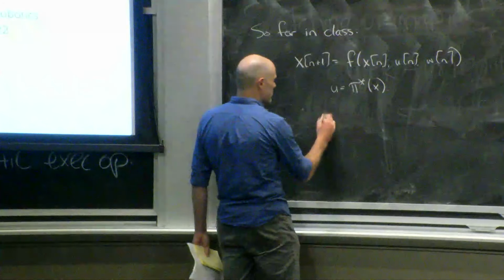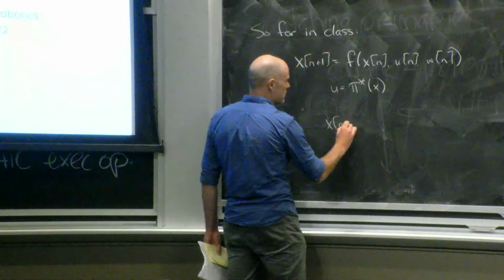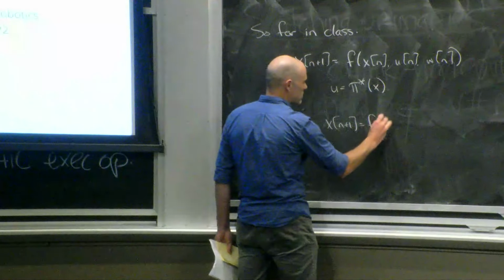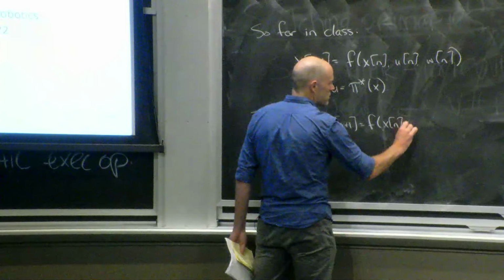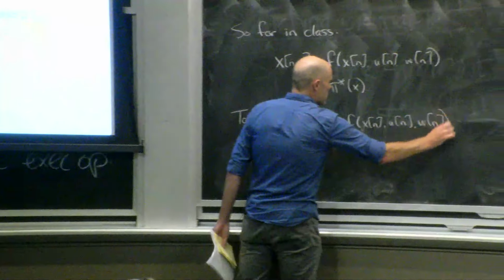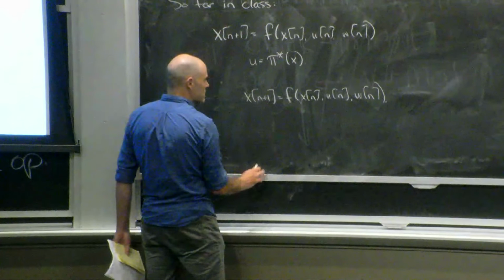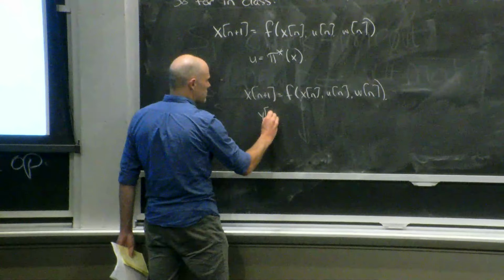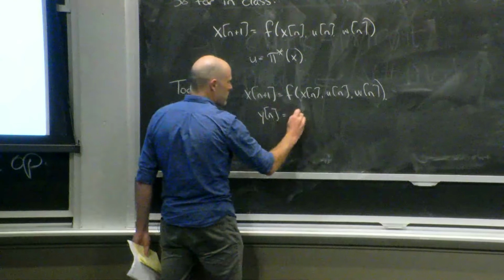Okay, so we still have x_{n+1} or x dot. Of course, all these things work in both discrete or continuous time. But now we're going to explicitly model our sensors, okay?